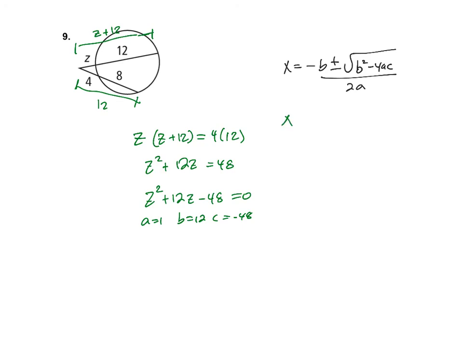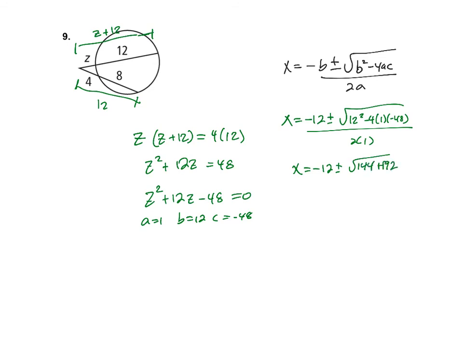So x equals the opposite of B plus or minus the square root of B squared minus 4 times 1 times negative 48, divided by 2 times 1. So x equals negative 12 plus or minus the square root of 144 plus 192, divided by 2. So x equals negative 12 plus the square root of 336, divided by 2.